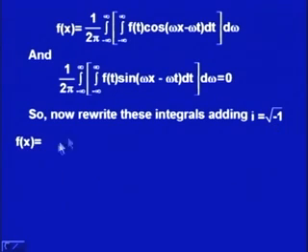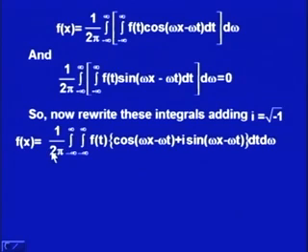I can write f x as 1 upon 2 pi integral minus infinity to plus infinity, that is outside, then integral minus infinity to plus infinity f t, which is common in both of these. Here I am writing cos omega x minus omega t plus i times sin omega x minus omega t dt d omega.